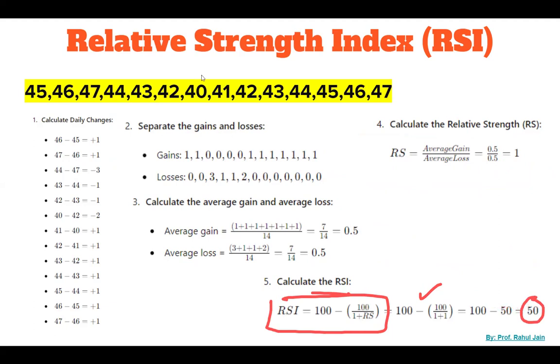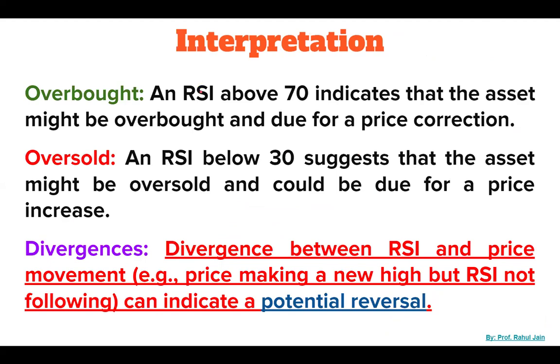So how do we interpret it? Basically, if the relative strength index score is above 70, it indicates that the asset might be overbought and due for a price correction. And if the RSI is 30, then it suggests that the asset might be oversold or could be due for a price increase, right?